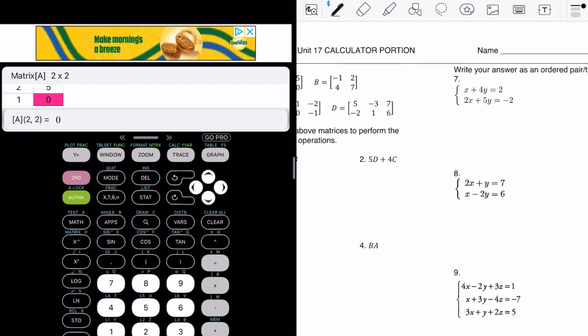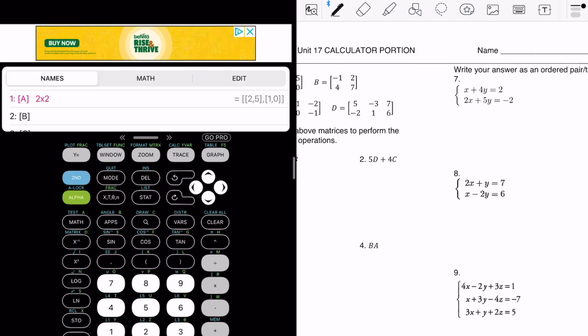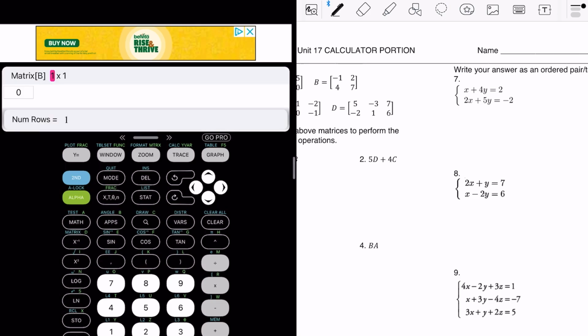And then I'm going to go second matrix, and then now I'm going to scroll over to edit and put in matrix B. And that one is also a 2 by 2. And that's negative 1, 2, 4, 7.